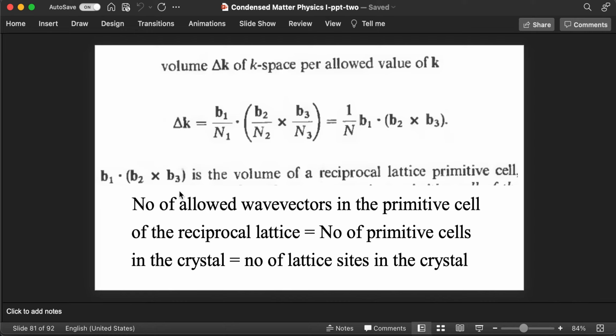And that follows because the volume of the reciprocal lattice primitive cell is basically N times the volume of one allowed value of k, which is delta k. N into delta k is the volume of the reciprocal lattice primitive cell, and N is nothing but the number of primitive cells in the crystal, or if I assume one lattice site per primitive cell, it's the number of lattice sites in the crystal.